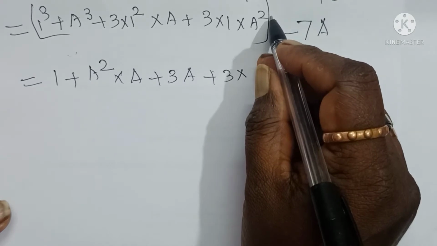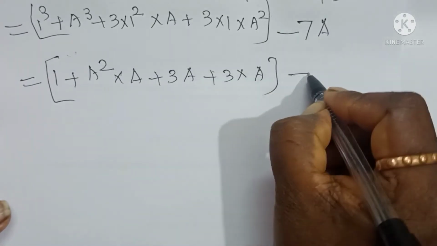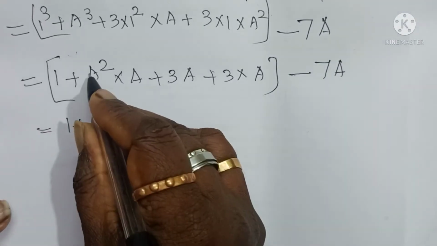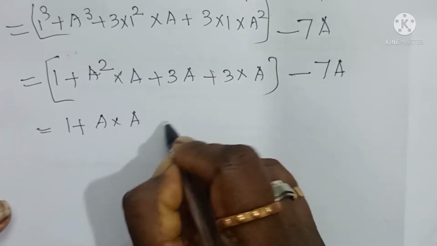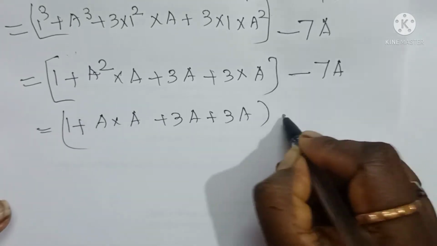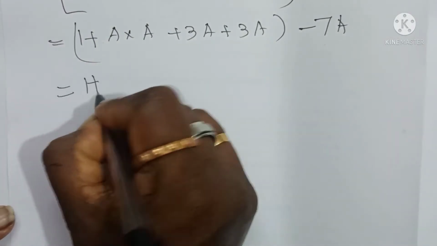What is the value of A square? A. Then put the bracket, then outside minus 7A, which is equal to 1 plus, what is the value of A square? Again A. So A into A plus 3A plus 3A minus 7A.